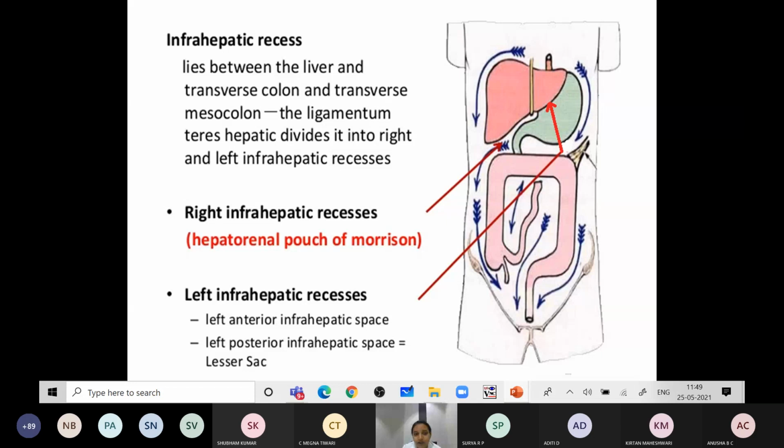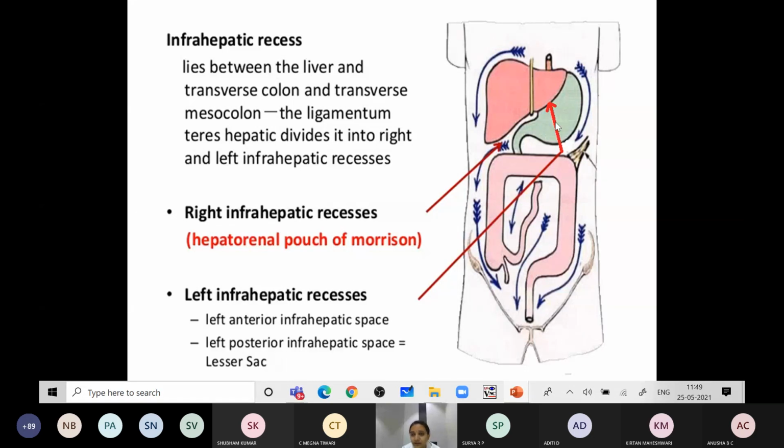And the importance of the lesser sac is in case of posterior perforation of peptic ulcers. Suppose a peptic ulcer is there in the posterior wall of the stomach and it perforates. The contents from the stomach, through the perforation, enter into the lesser sac.